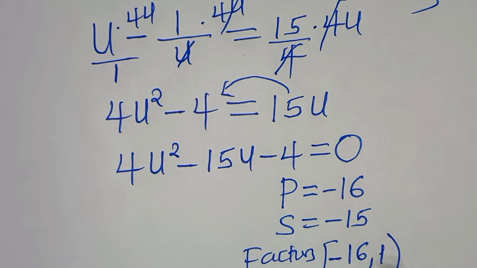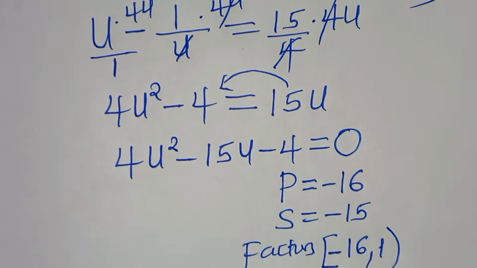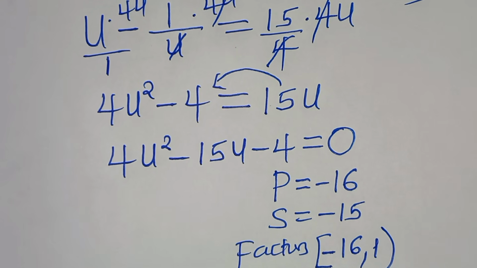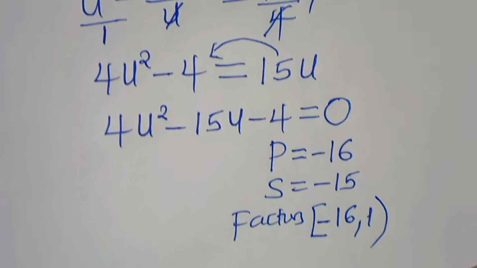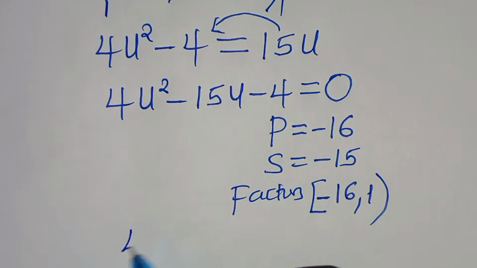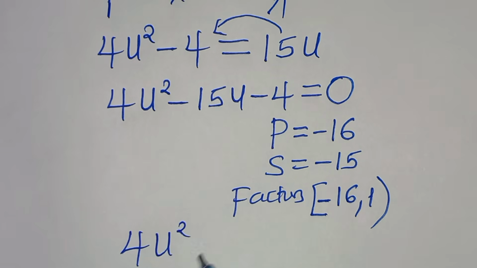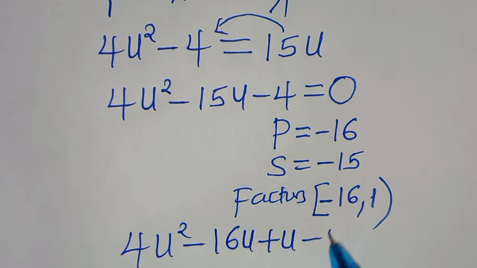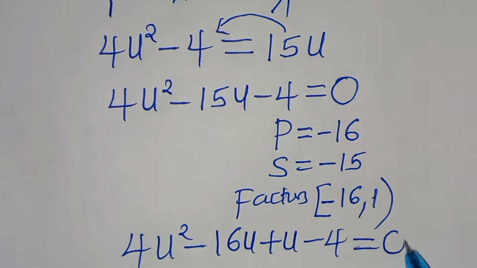Minus 16 times 1 is minus 16, then minus 16 plus 1 is minus 15. So let's substitute these two factors so that we have 4u to the power of 2 minus 16u plus u minus 4, equal to 0.